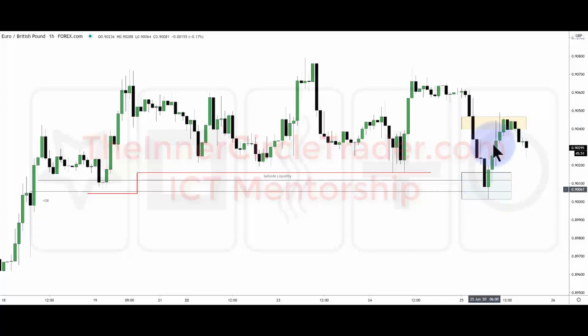If euro pound is likely to run from these stops up to a point of premium that rebalances at this fair value gap, while this run up in euro pound was occurring, is that bullish for euro, or is it bearish for pound dollar? It's bearish for pound dollar because we're in overall consolidation. This pair is only showing you the relative strength between euro versus pound. And I'll show you what I mean now when we go to the charts.